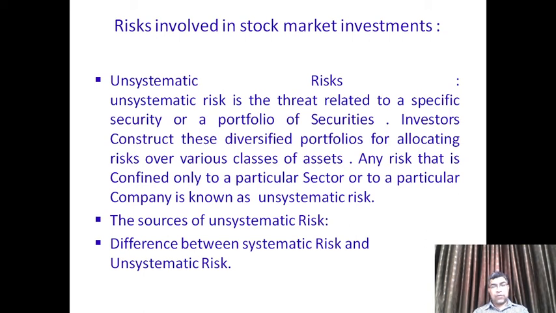Sometimes an index is also based on a systematic method in which all companies' securities are selected. If you are investing in index-based securities, that is also good for you. Then there are differences between systematic risk and unsystematic risk.